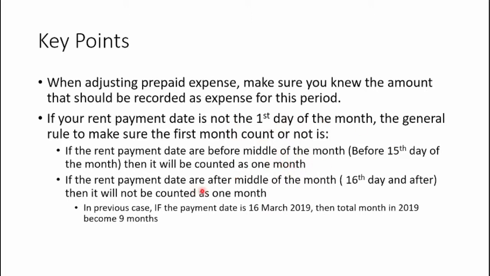But if the rent payment date is after the middle of the month, let's say the 16th and after that, then it will not be counted as one full month. So in the previous case, if the payment date is 16 March or 17 March, then the total months in 2019 become only 9 months. You should always keep in mind this date if you are doing prepaid expense.